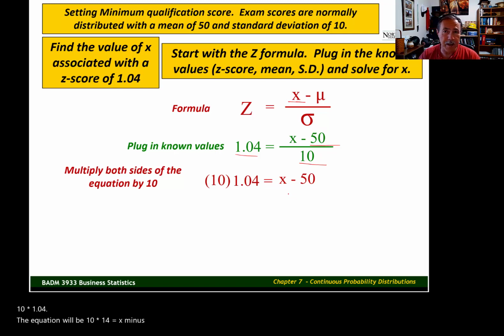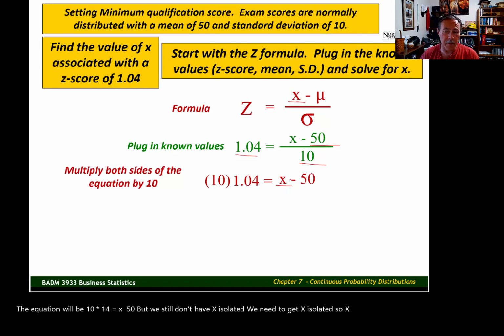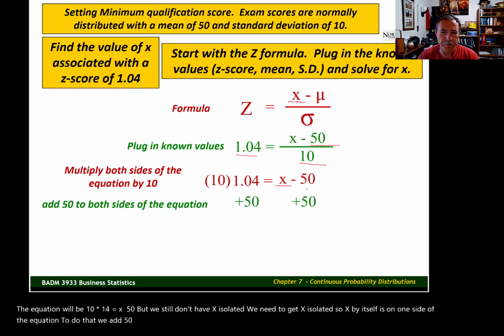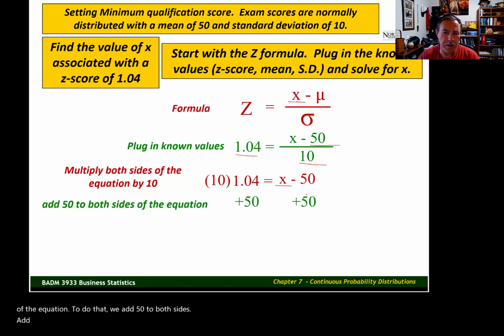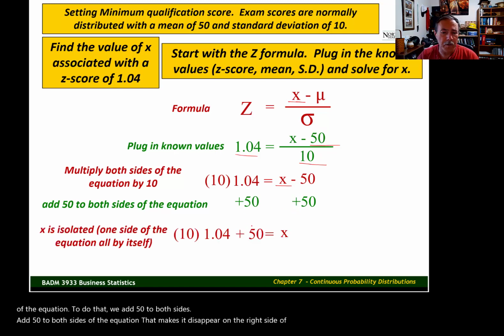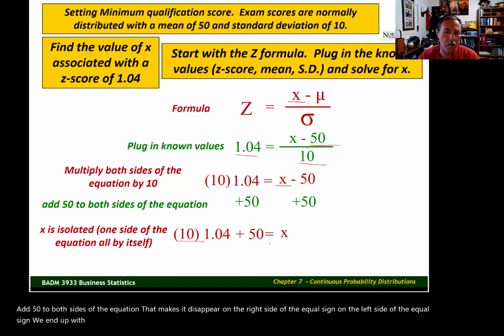But we still don't have x isolated. We need x by itself on one side of the equation, so we add 50 to both sides. That makes it disappear on the right side, and on the left side we end up with 10 times 1.04 plus 50 equals x.